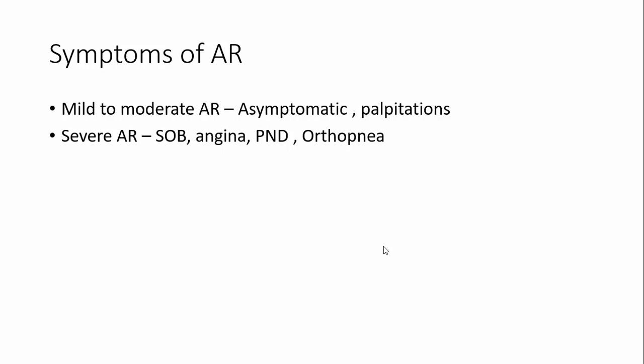Orthopnea is the shortness of breath that the patient has when lying down from the sitting up position, and paroxysmal nocturnal dyspnea is the condition in which the patient wakes up in the middle of the night due to shortness of breath. The patient wakes up and goes to the window and opens it in the hope of getting some air.